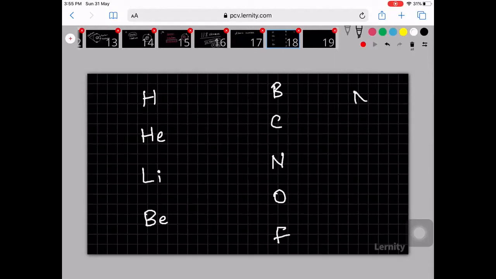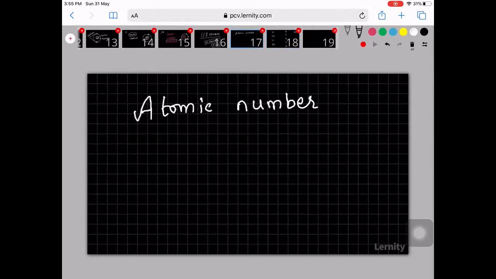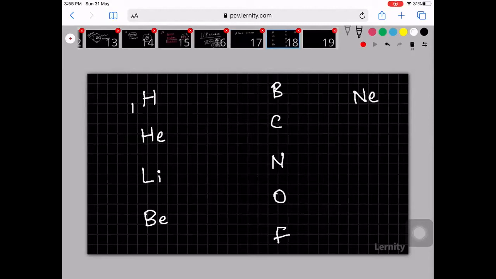The atomic number of hydrogen is 1. Helium is 2. Lithium 3. Beryllium 4. Boron 5. Carbon 6. Nitrogen 7. Oxygen 8. Fluorine 9. Neon 10.